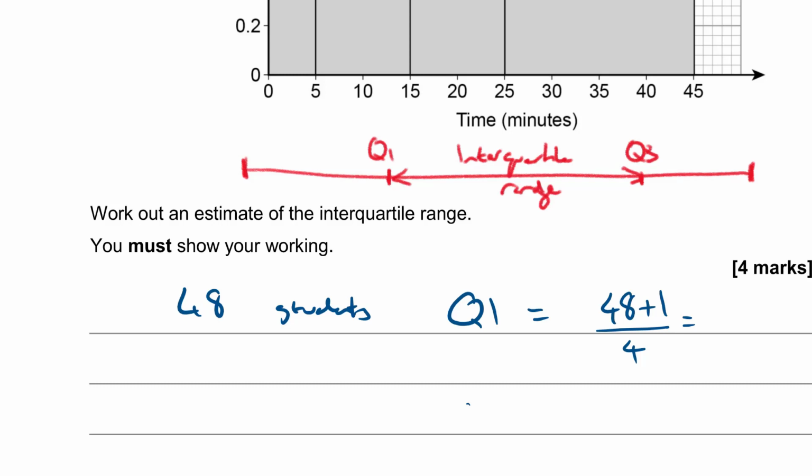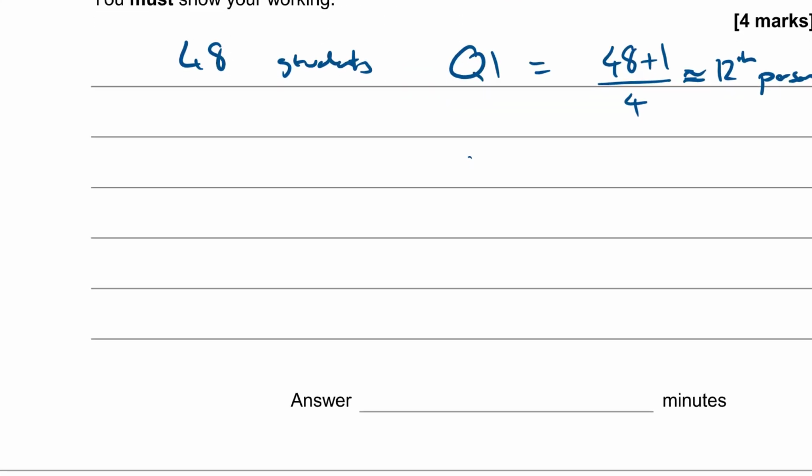So 49 over 4, I'm going to say that's roughly 48 over 4 and just do it that way. So 48 over 4 would be roughly the 12th person through the data set. And Q3 we get by taking the number of elements in the set, adding 1 and times it by 3/4.